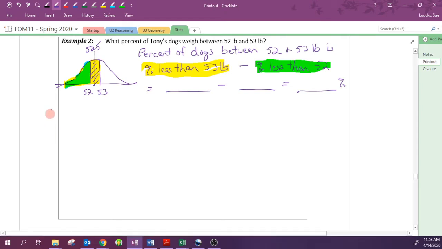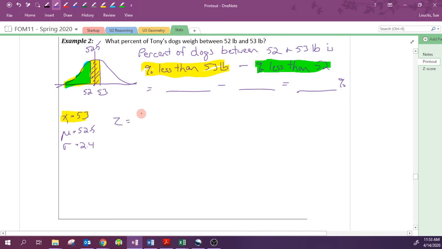All right. Let's do the yellow bit first. My x, I'm going to call that x1, is 53. My mean is 52.5. My standard deviation is 2.4.